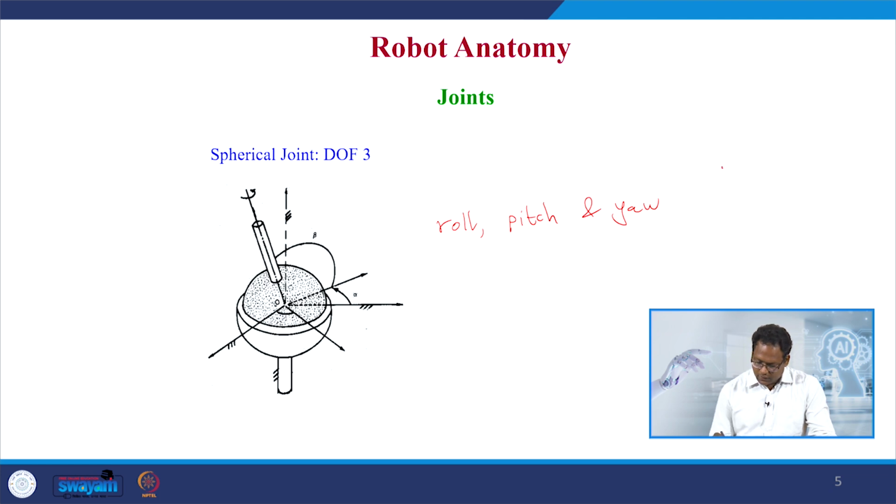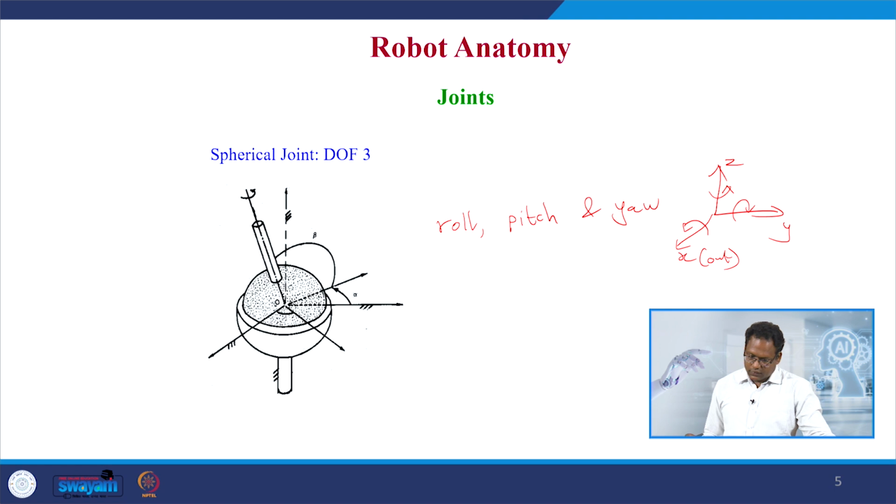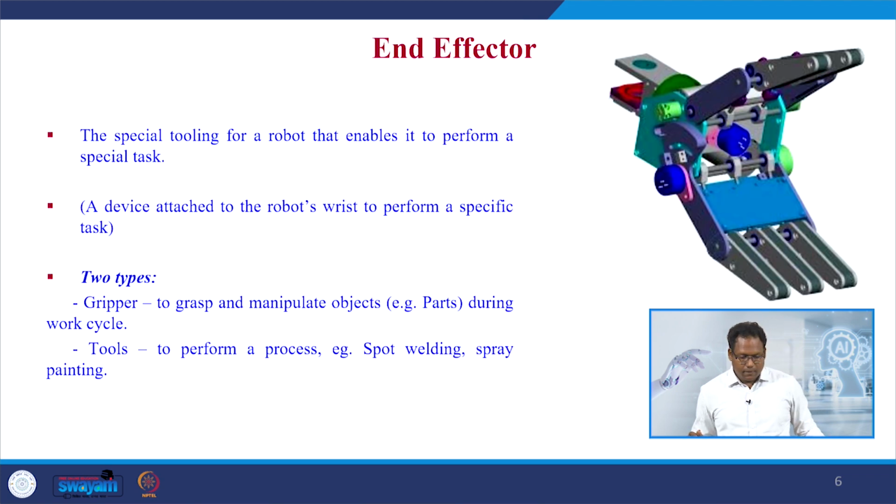When we take a coordinate frame, say x, y and z, where x is pointing outside, we can say that the orientation around the x axis can be roll, the orientation around the y axis can be pitch, the orientation around the z axis can be yaw, and hence this joint represents 3 degrees of freedom.